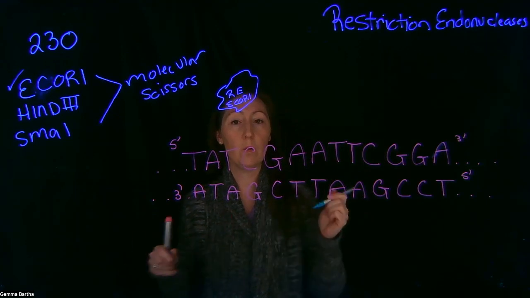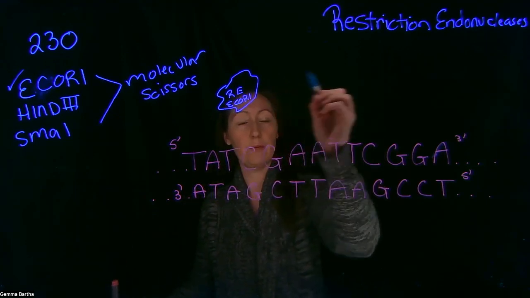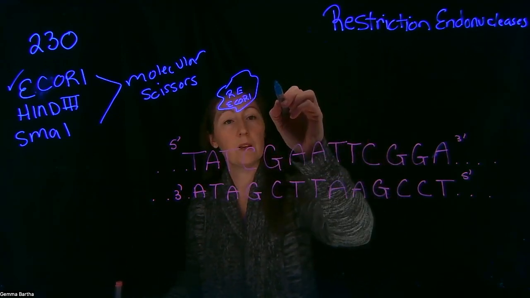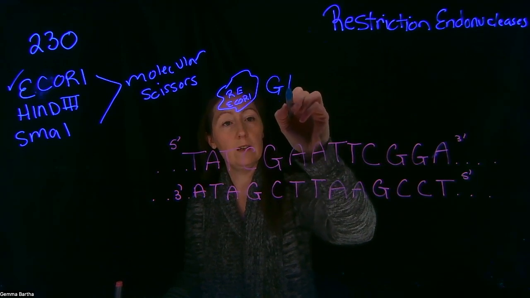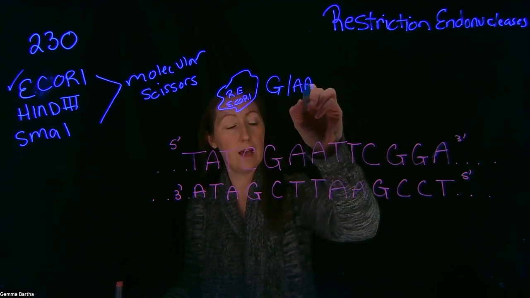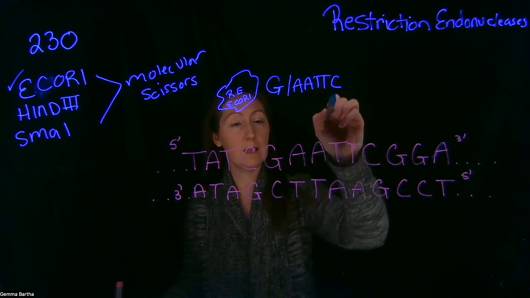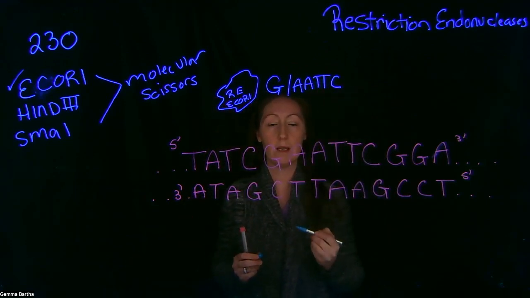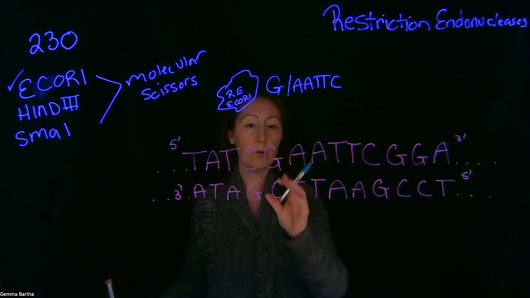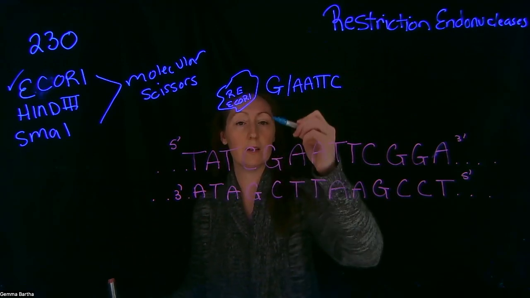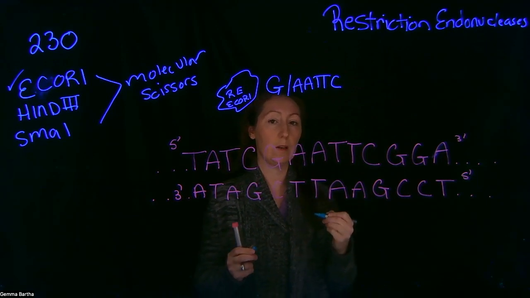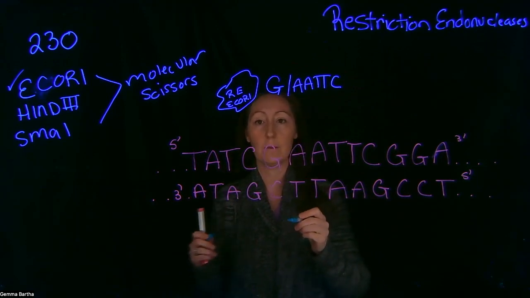For EcoRI, it's particularly looking for the sequence G, A, A, T, T, C. What does that mean? So it's looking for that code, and that slash there shows you where it's going to cut the DNA.